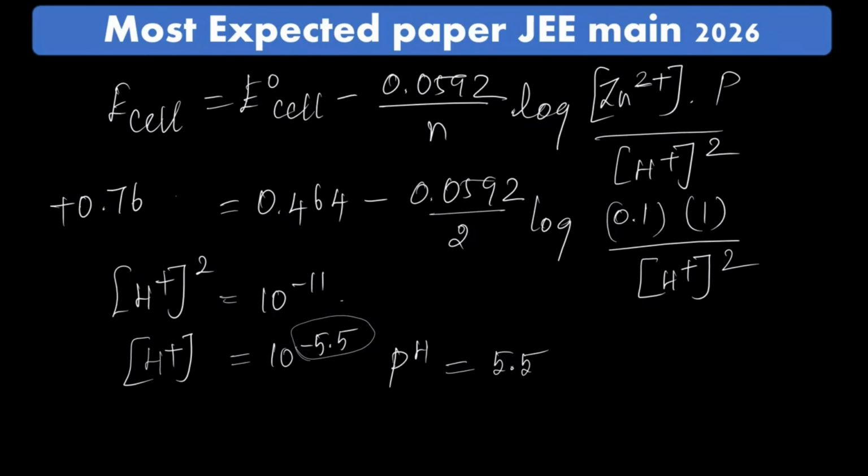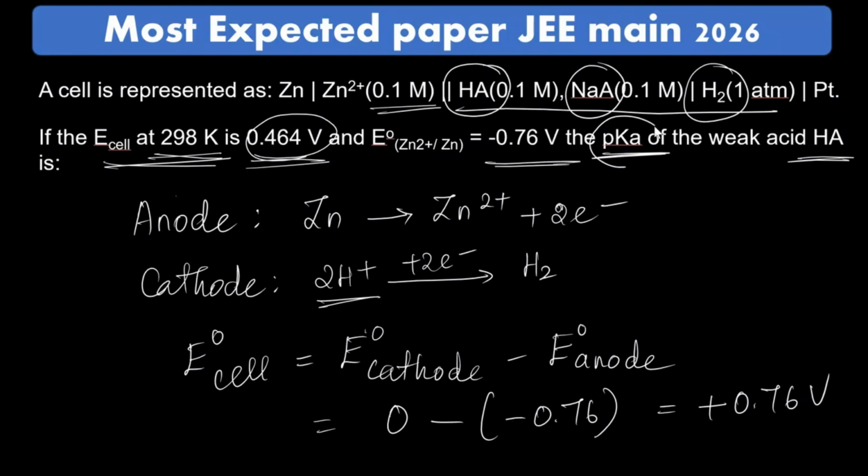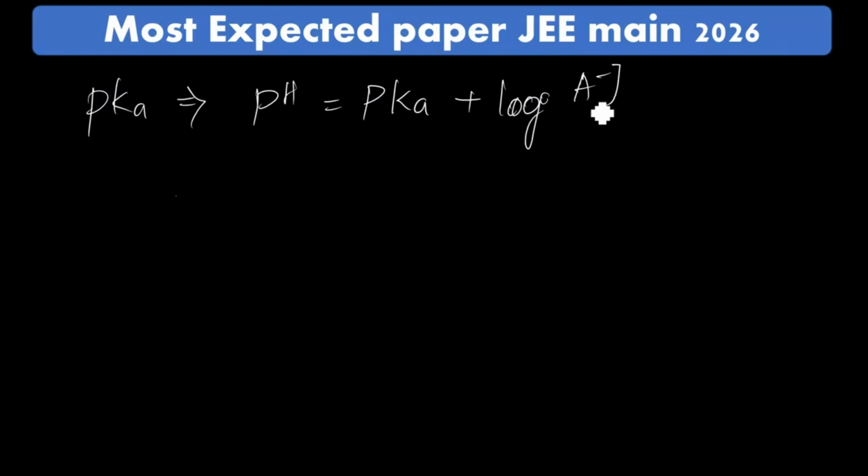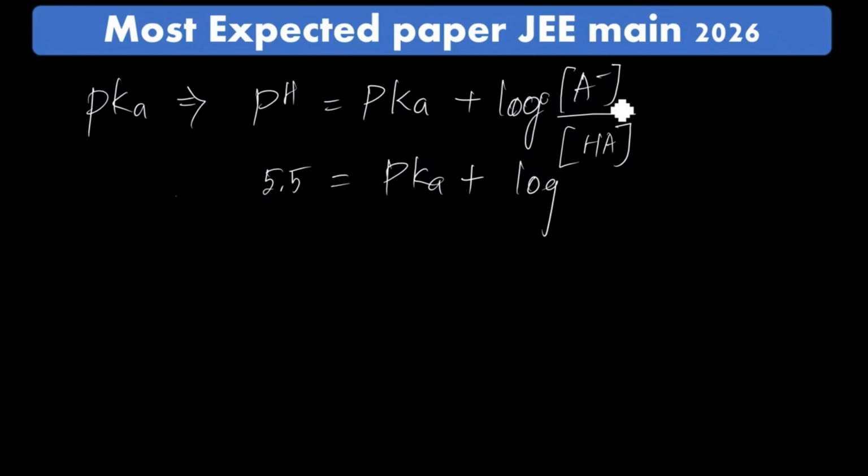If the pH is this, what are they asking? They are asking for the pKa value. So just use the formula to find pKa: pH is equal to pKa plus log of A minus concentration by HA concentration. Substitute the values, which is 5.5, and pKa I don't know, plus log of A minus concentration.